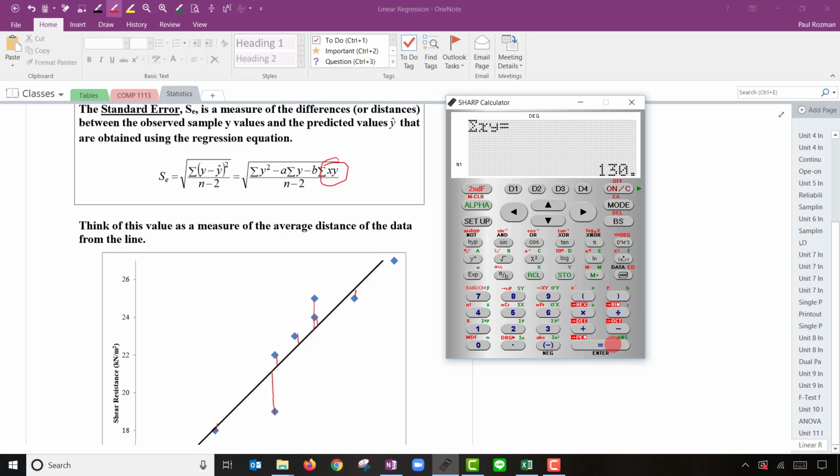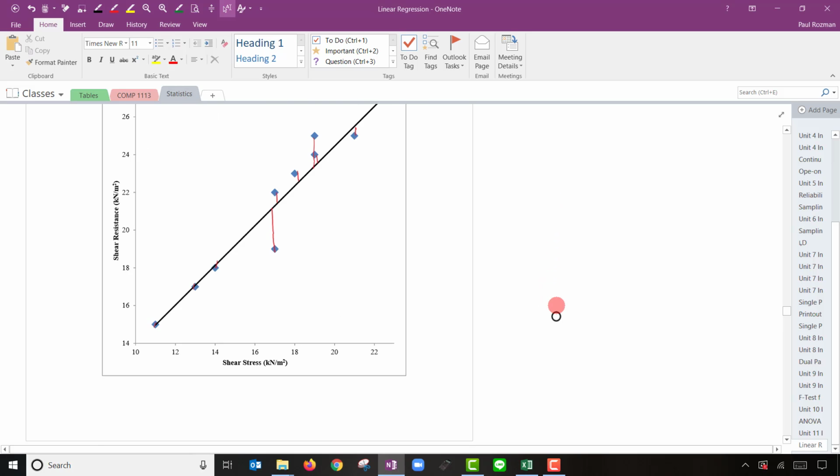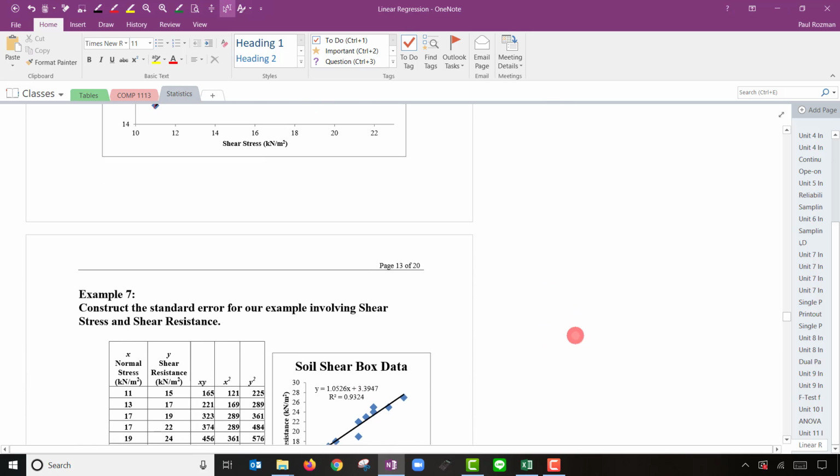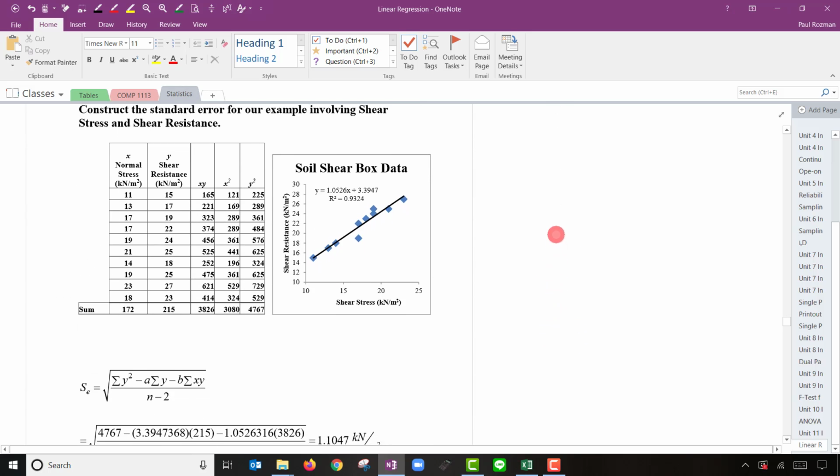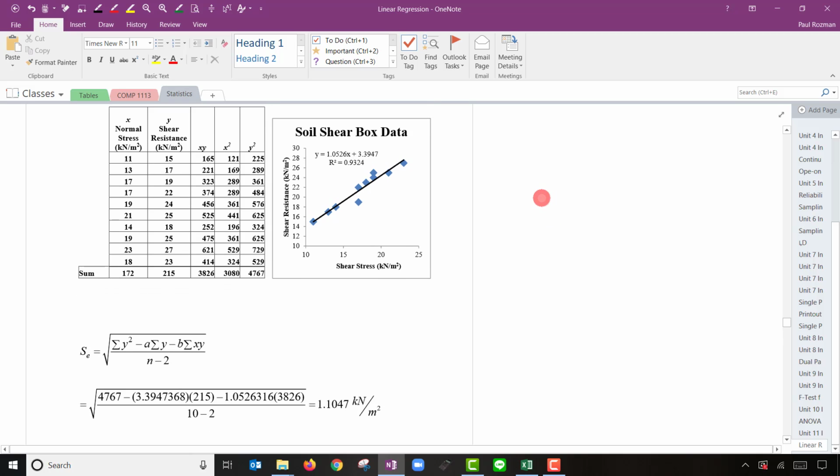And if I need to know the sum of the y values, that's under button 2, alpha 2. So you have everything you need in order to calculate this. The A is under alpha bracket here. So it wouldn't be too hard to calculate that. But we have Excel, so we don't really need that. I did it by hand just to show you.